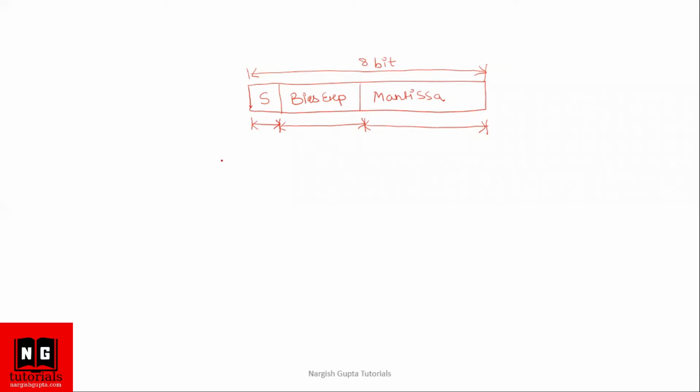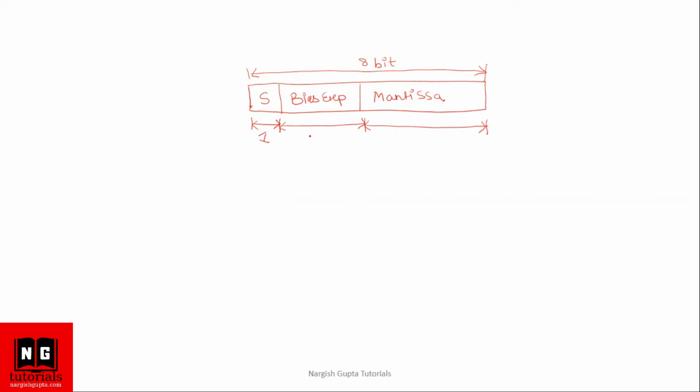Now let's discuss the format of the 8-bit representation of floating point numbers. Here the first bit will be the sign bit, and this will be of 1 bit only. Next we have the biased exponent. Till now we were saying it as an exponent.